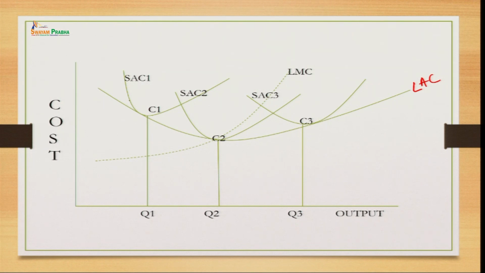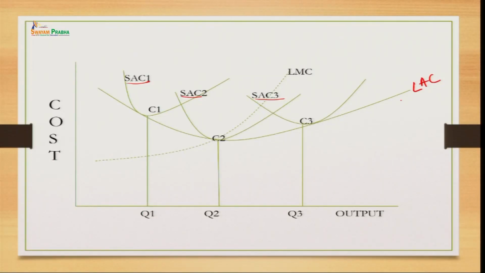Here this is the first average cost curve, which we denote with SAC1, then the next, which we denote with SAC2, and then the third curve, which we call SAC3. These are the different short run average cost curves, and when we combine them together, we are able to draw this long run average cost curve.